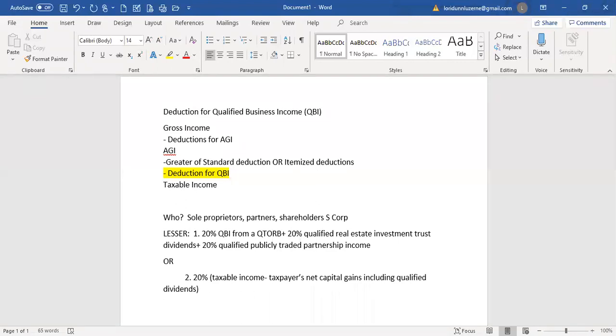For any year in which a taxpayer's taxable income is less than 163,300, you see the married filing joint, the exclusion for specified service trades or business will not apply. So we do have a limitation up above for specified service trade or business, and it's based on taxable income.